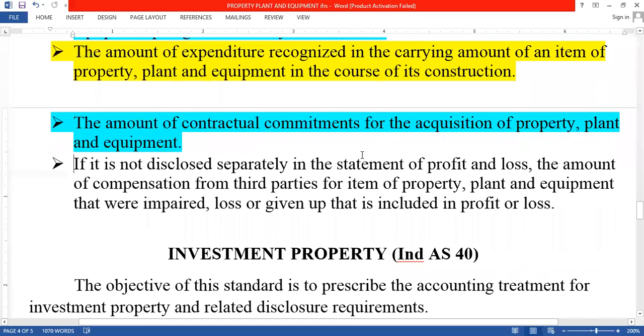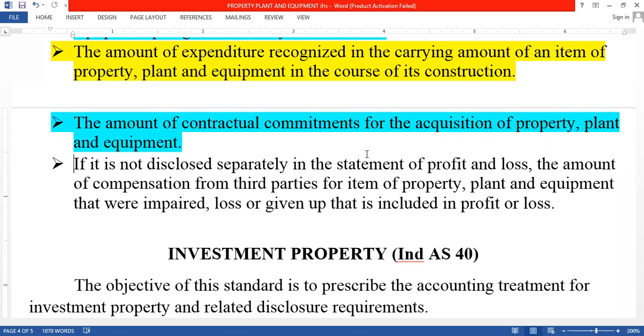the amount of contractual commitments for the acquisition of property, plant, and equipment. See what happens here. In some situations, some business organizations run their business in rental premises or lease premises.